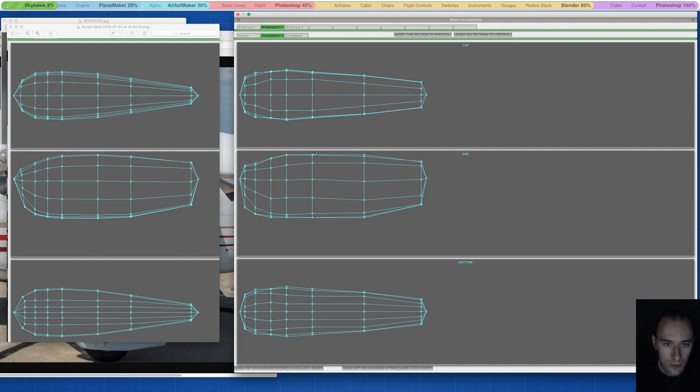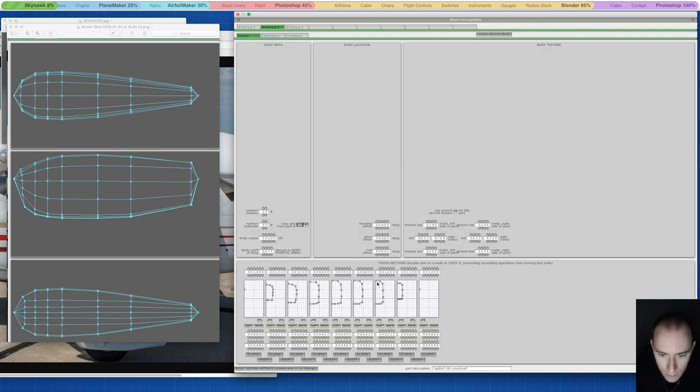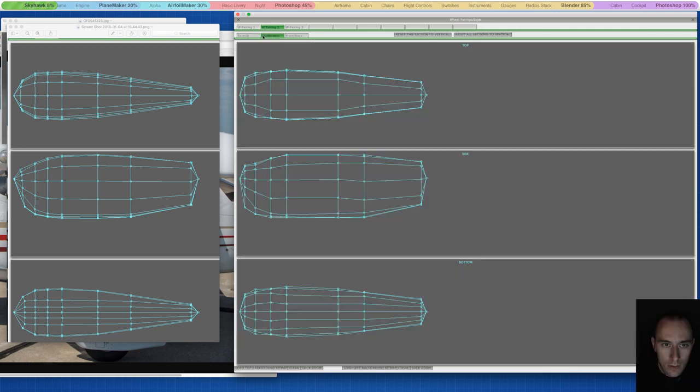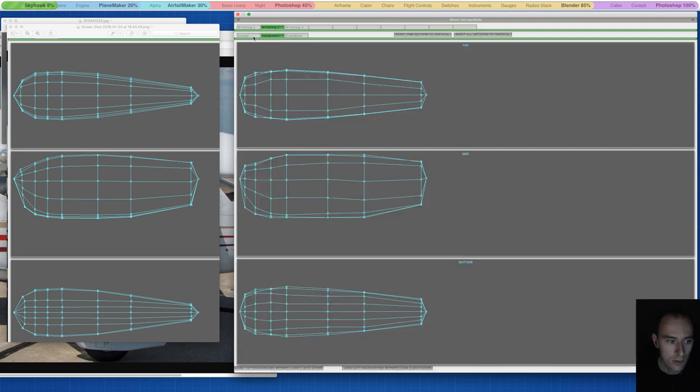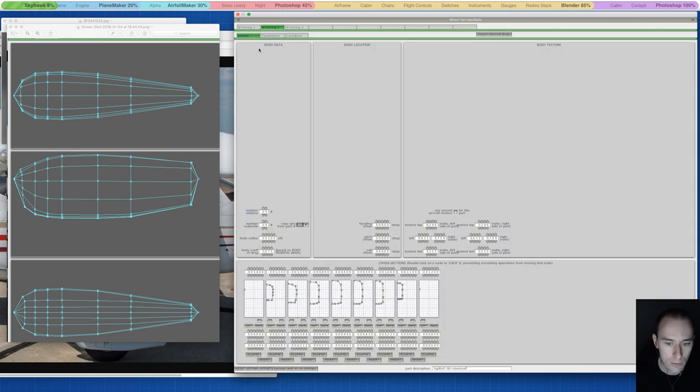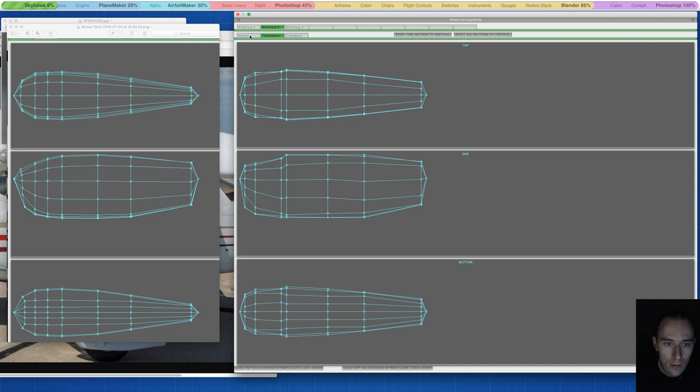That one should be moved up too. Too much. Looks good. That one should be moved up too, I think. Oh, wrong one.